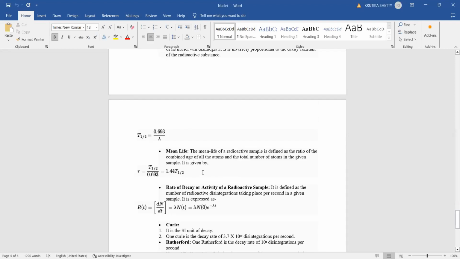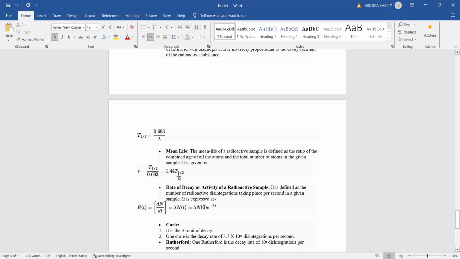what mean life is. The mean life of a radioactive sample is defined as the ratio of the combined age of all the atoms to the total number of atoms in the given sample, that is, their average. When we take that, we get the mean life.